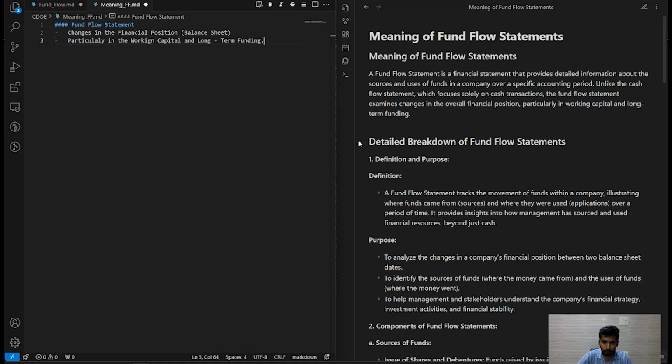When talking about the detailed breakdown, we should also keep in mind that it always analyzes the financial position over a specific accounting period. And it deals with the sources and the uses of the funds.